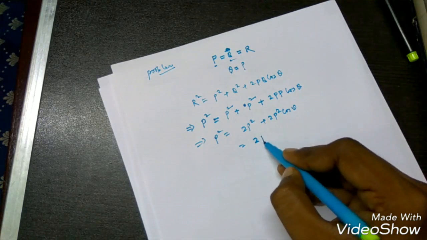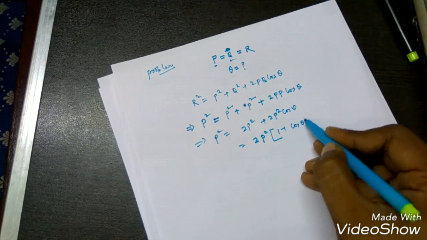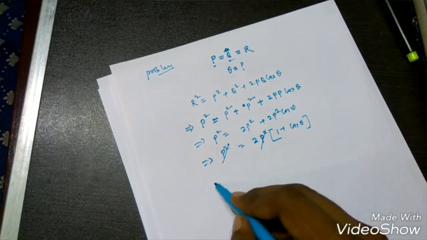Taking 2P square common, this P square will cut this P square.